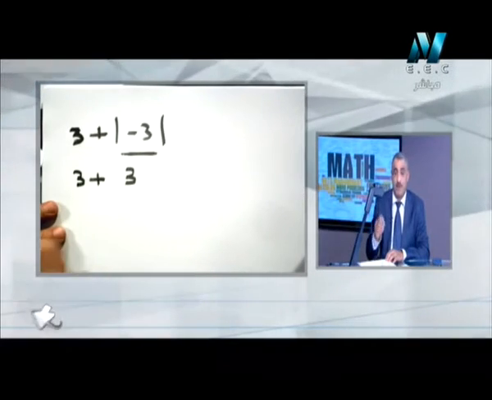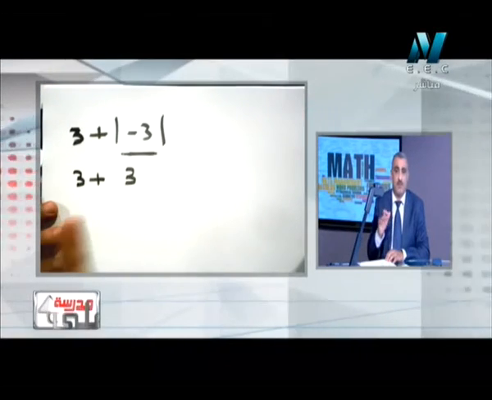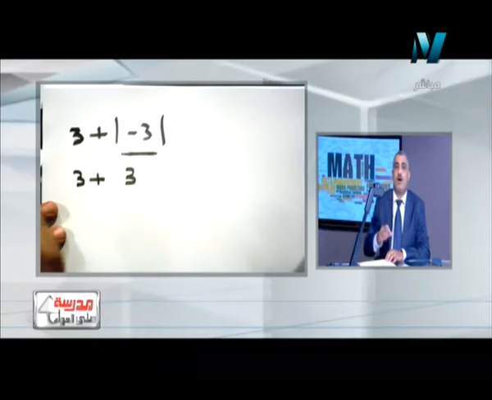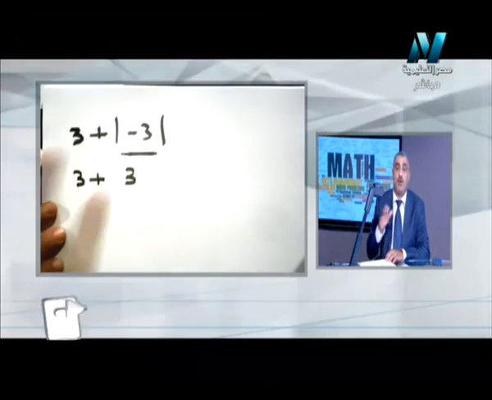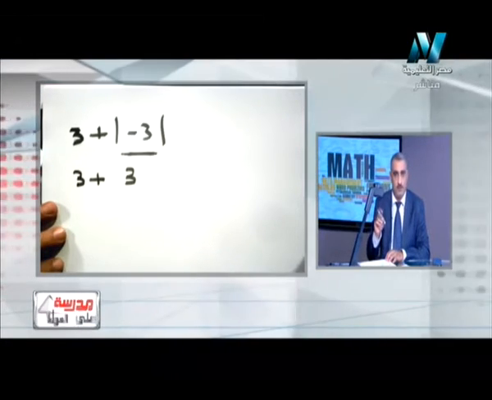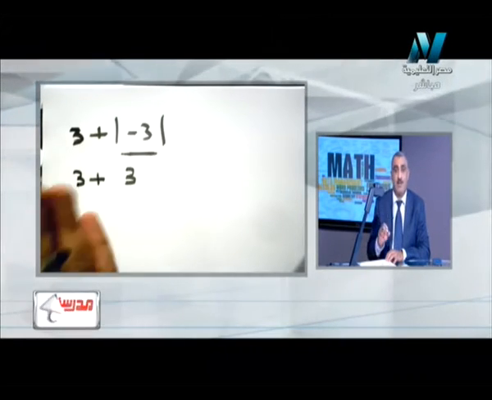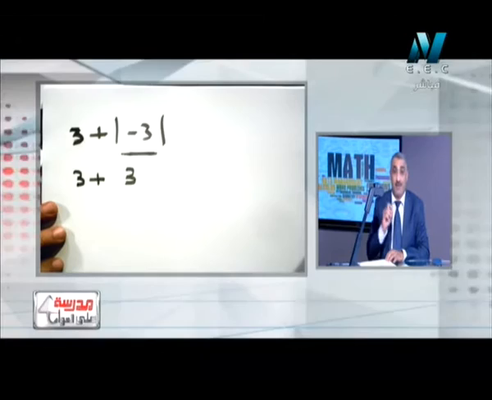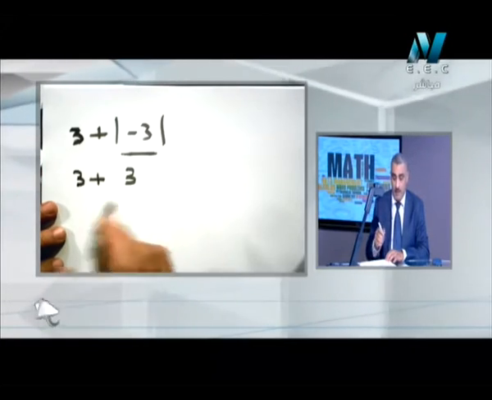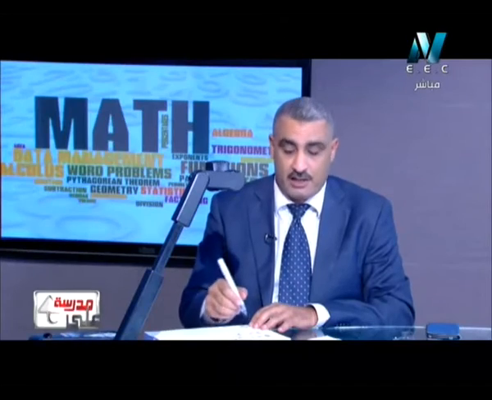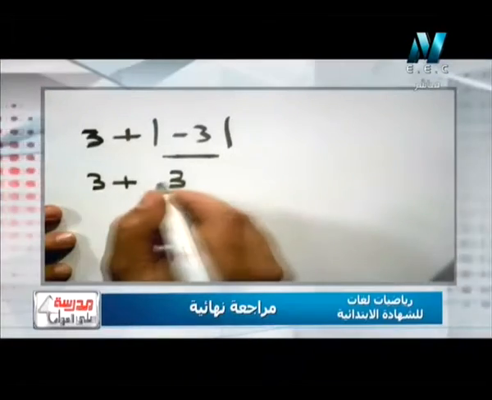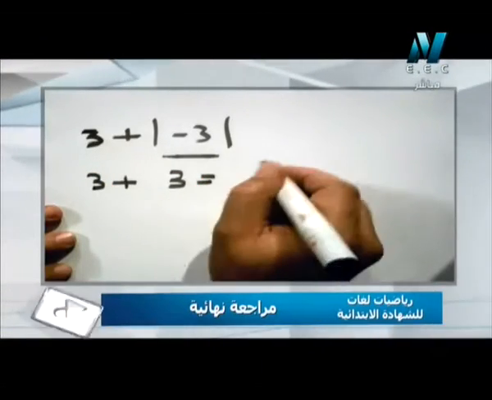So the absolute of any integer, whether this integer is positive or negative, is always positive. Why? Because of the meaning of absolute, my dear students: the number of unit length. So absolute of negative 3 equals 3. So 3 plus 3 equals 6.